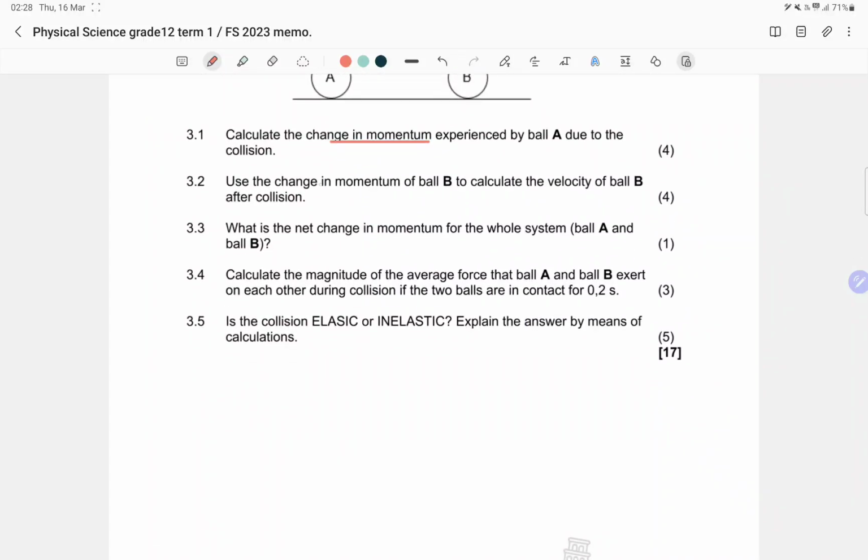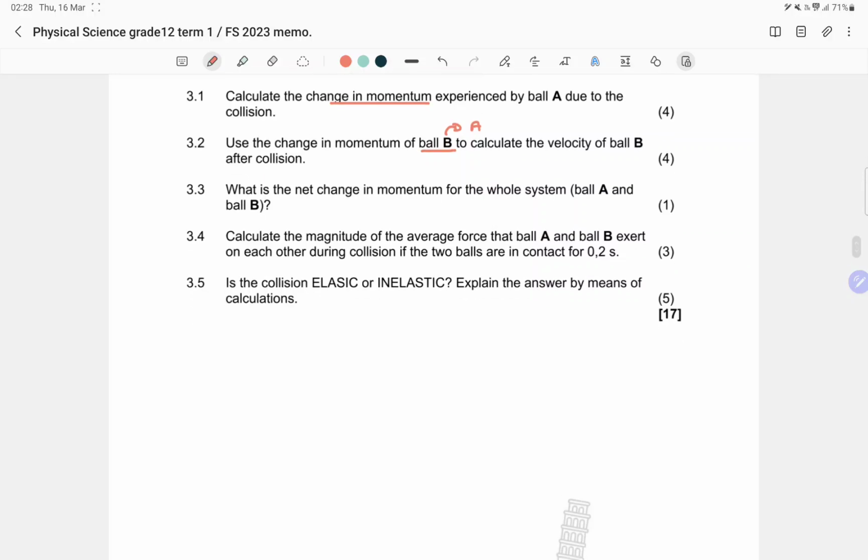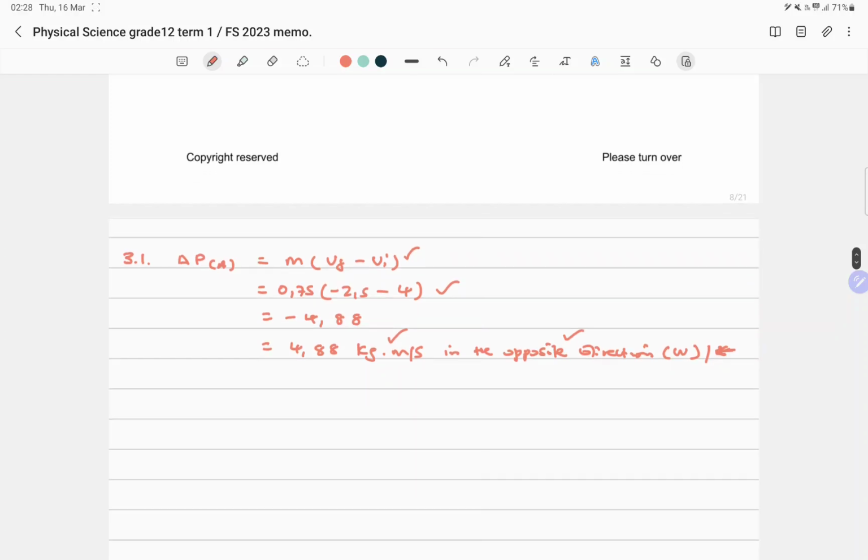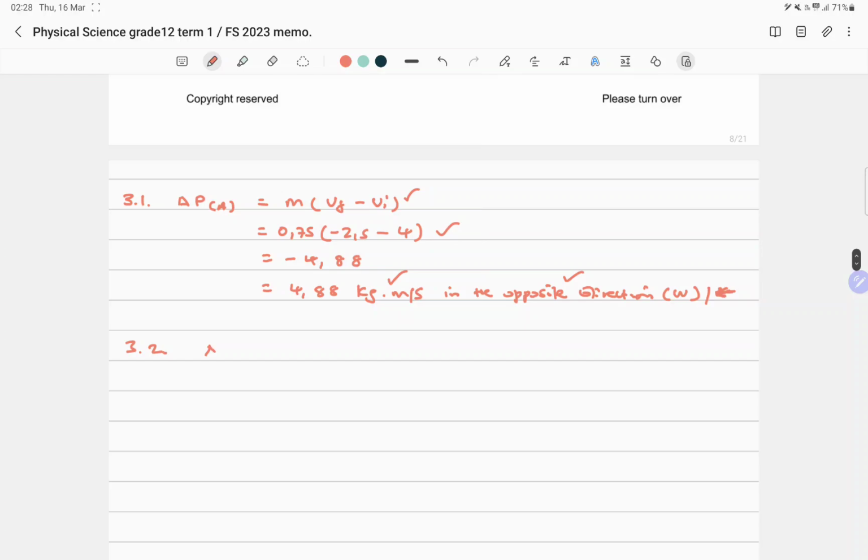3.2 says, use the change in momentum of ball A. This one should be A, I suppose. You can't say ball B to calculate the velocity of B. So we can say here 3.2. We know that the change in momentum of B is going to be equal to m, final velocity, initial velocity.